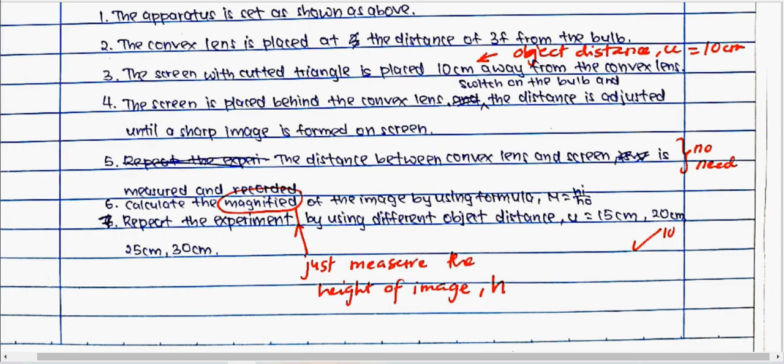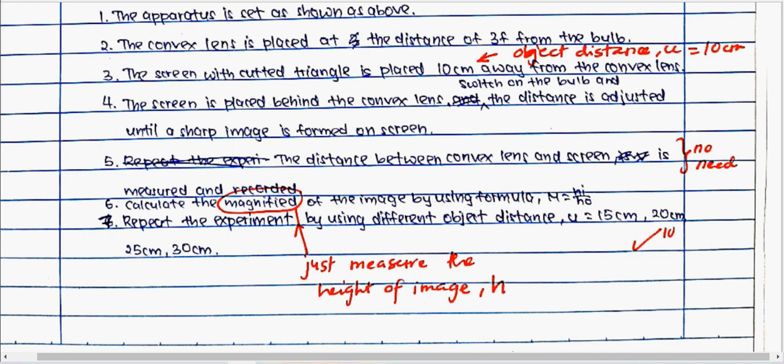Okay, as for the procedure, so here, see, convex lens placed at a distance 3F from the bulb. You can, okay, kejap. And oh yeah, so the screen with cutted triangle is placed 10 centimeter away from the convex lens. So this one, I consider this as the object distance.